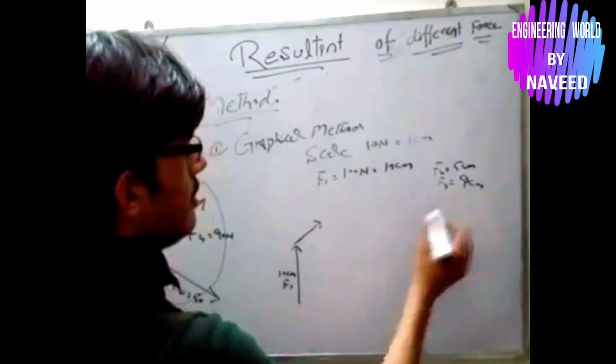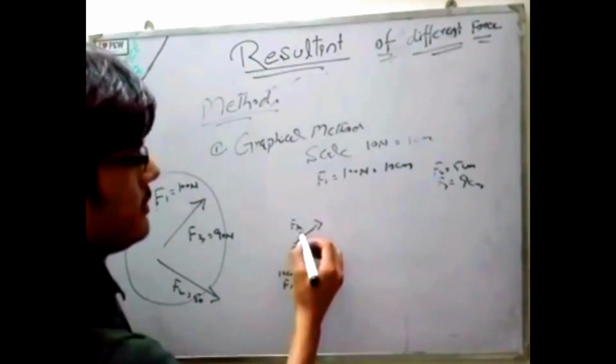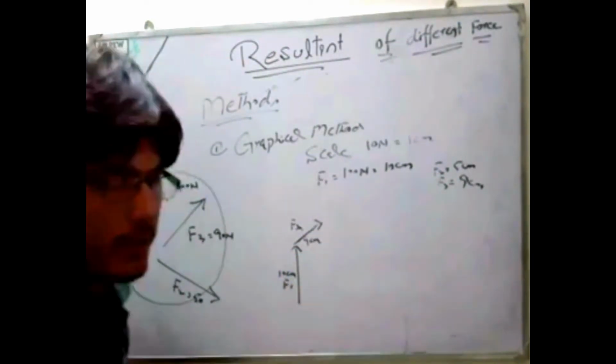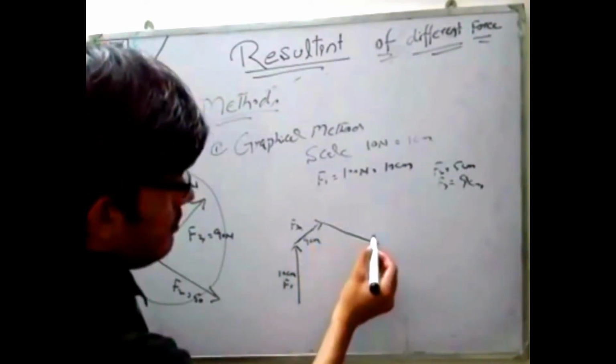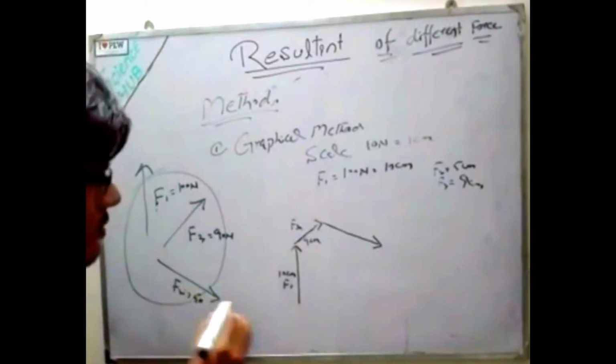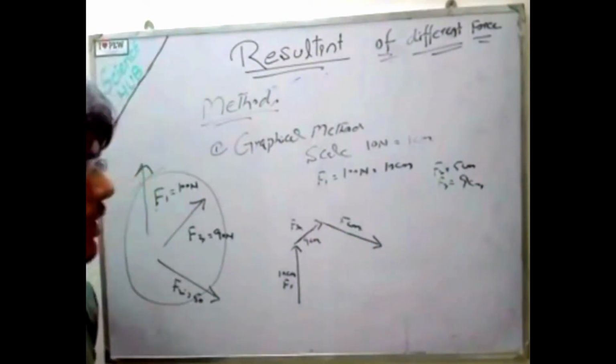F3 is equal to 9 centimeters, so you draw the 9 centimeter line. Now the third one is F2, parallel to this force, so you draw this force to 5 centimeters.